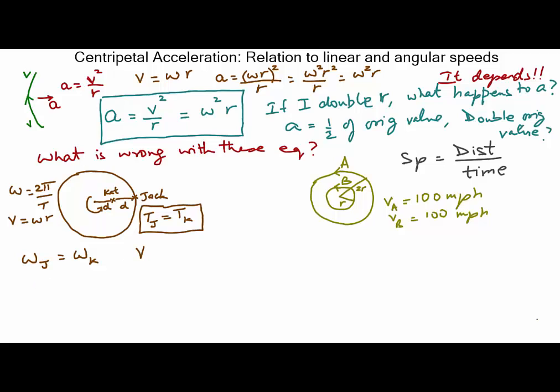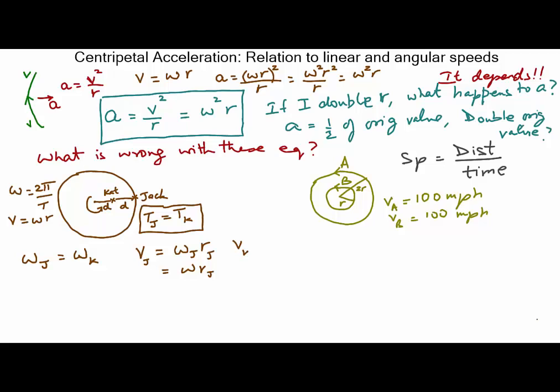So we would have linear speed of Jack equals angular speed of Jack times the radius of Jack. And I can write this simply as omega, since both have the same angular speed, I don't need specification of whose it is, times Rj.